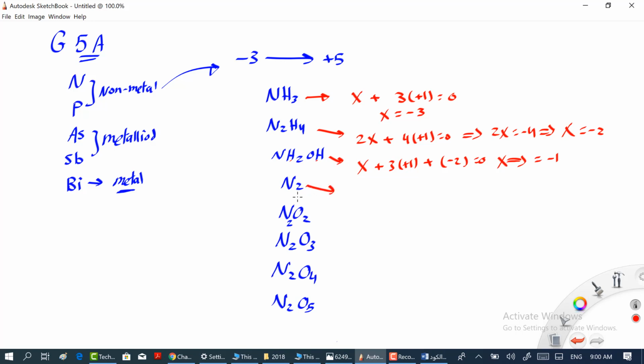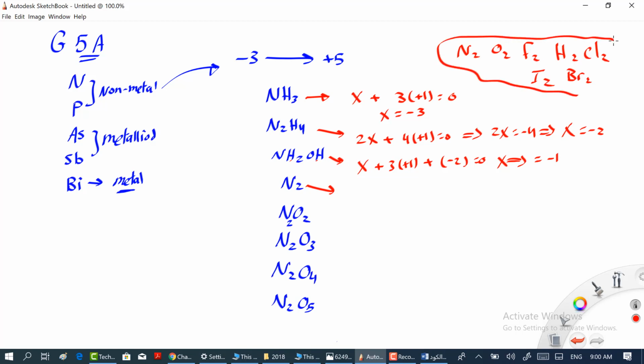In elementary state, nitrogen, oxygen, fluorine, hydrogen, chlorine, bromine, iodine, they all have oxidation number equal 0.